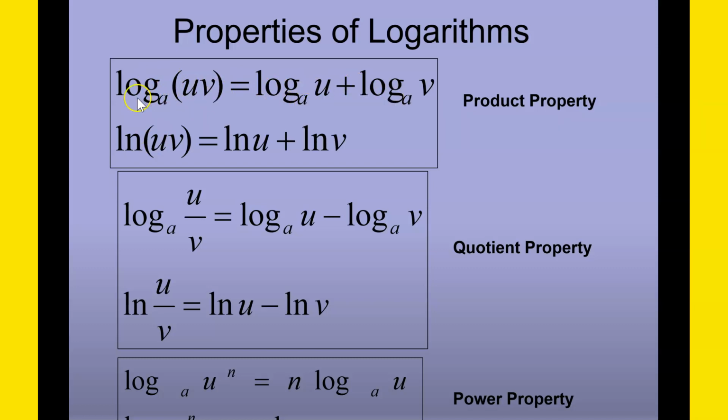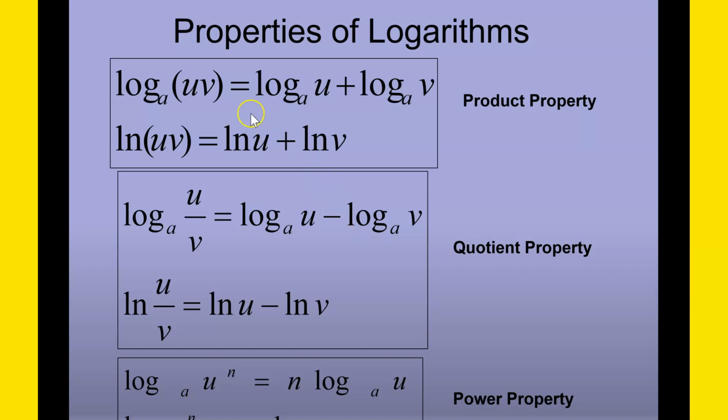The same thing that works for these logs also works for ln's as well, obviously. If you've got two things being divided in the logarand, then they can also get their own log. If the things are being multiplied, they're going to be separated into their own logs with addition. And if the things are being divided, they're going to separate into their own logs using subtraction.